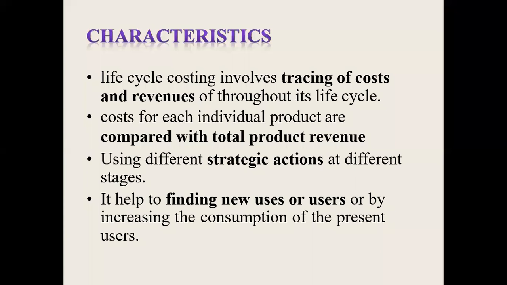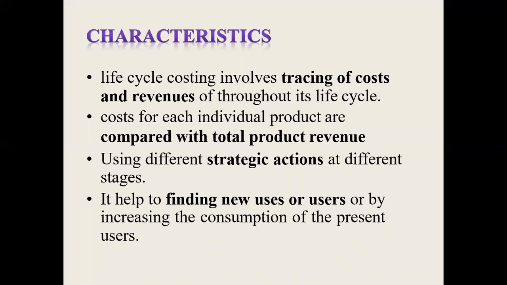So the first point of the characteristics is the tracing of cost and revenues. We can trace the cost at any point. We can find out the cost during any particular life cycle span compared with total product revenue. So it gives me the comparison platform.